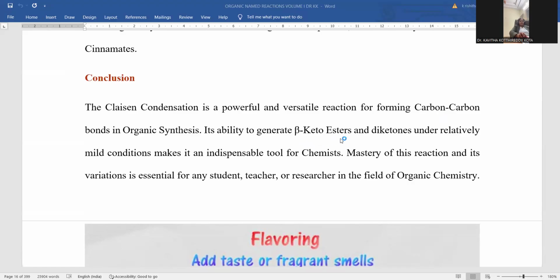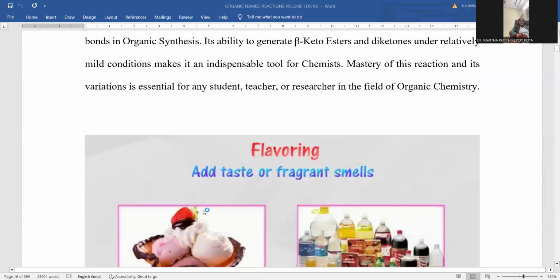The ability to generate beta keto esters and diketones under relatively mild conditions are added advantages that make it an indispensable tool for the chemist to introduce new kinds of compounds. Mastery of these reactions and variations is essential for any student, teacher, or researcher in the field of organic chemistry, this interesting field.